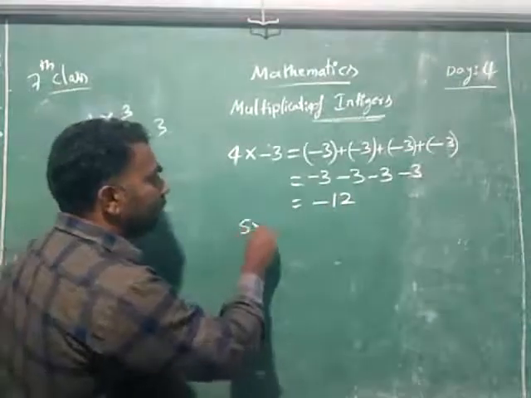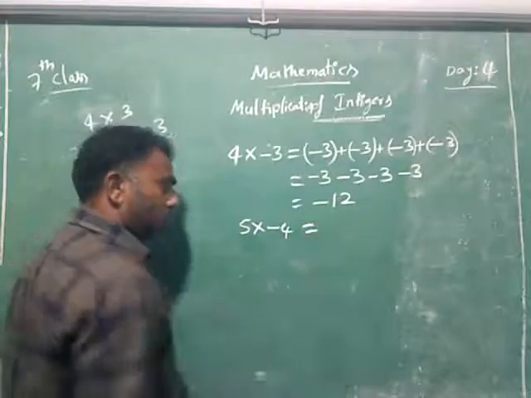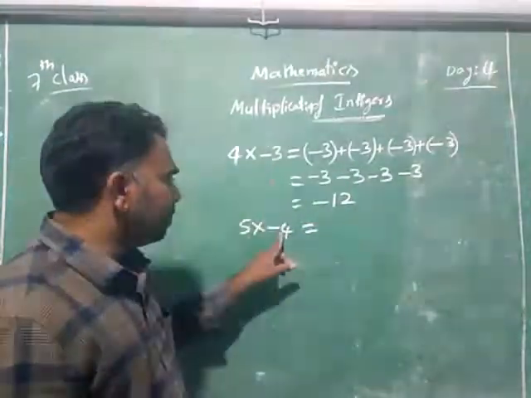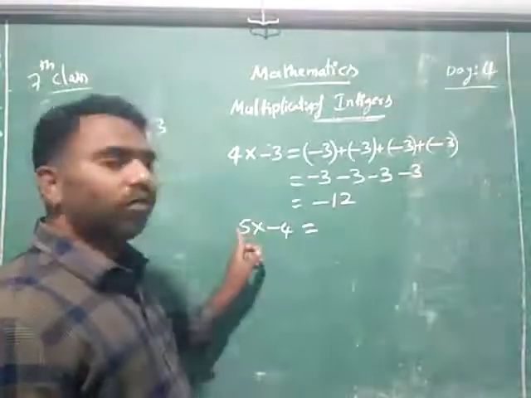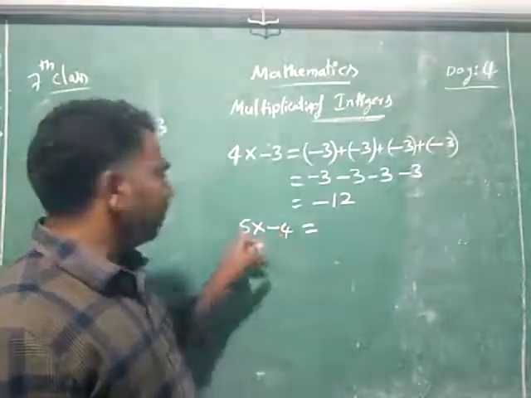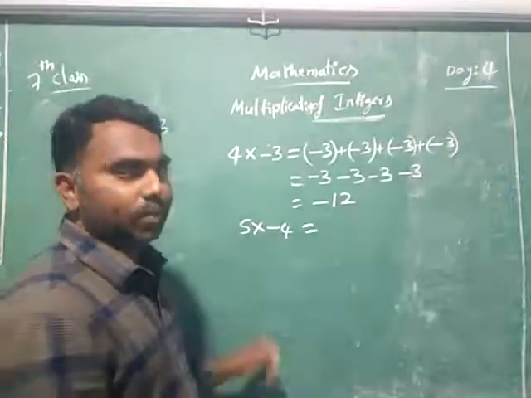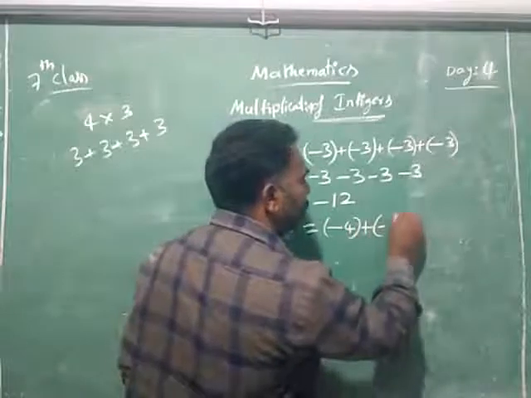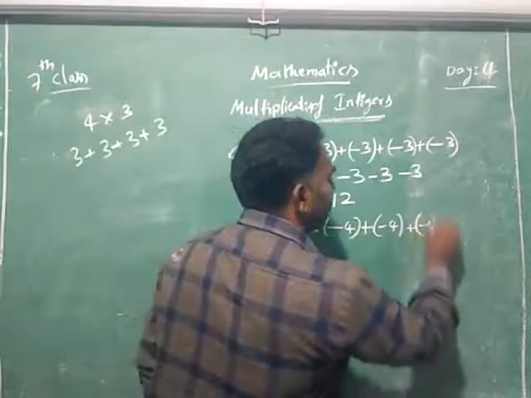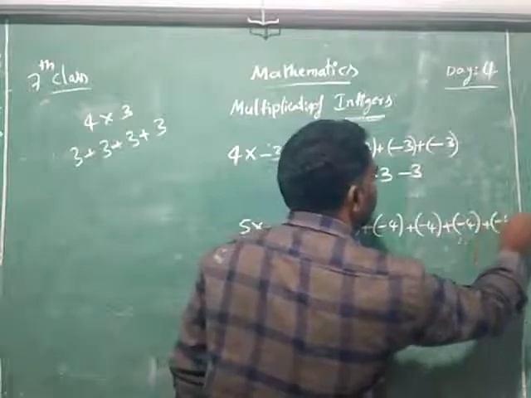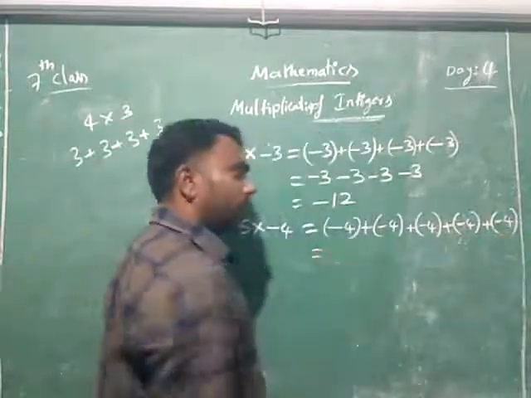In the same way, 5 into minus 4. The second number we write first-number of times. The second number is minus 4. The first number means 5 times. Minus 4 plus minus 4 plus minus 4 plus minus 4 plus minus 4.